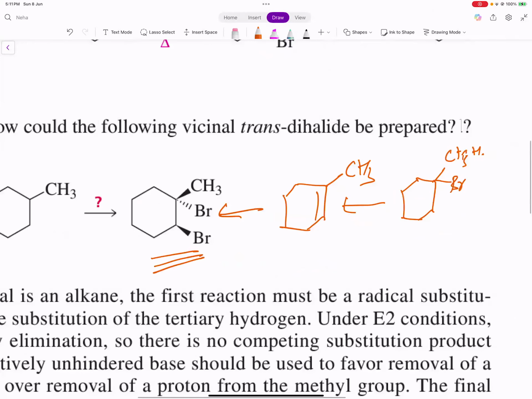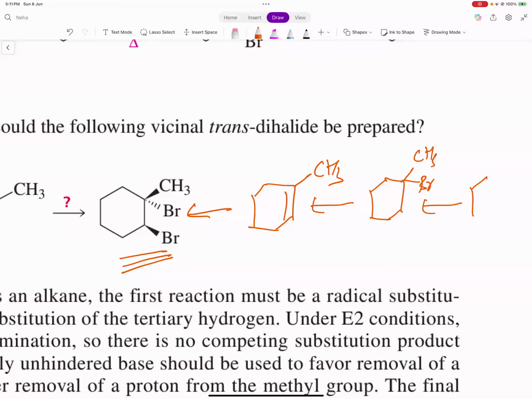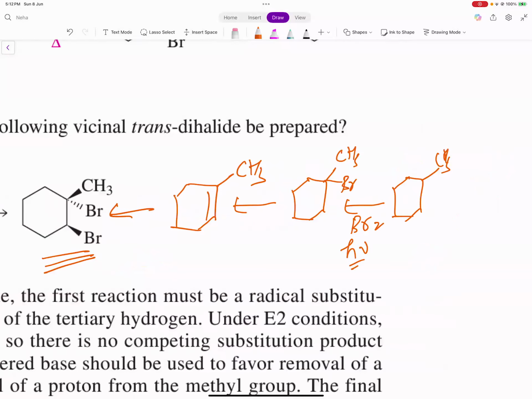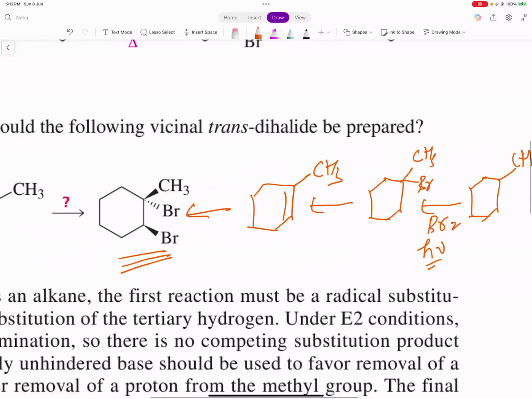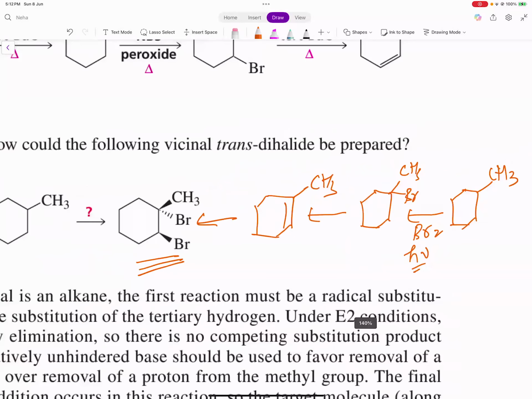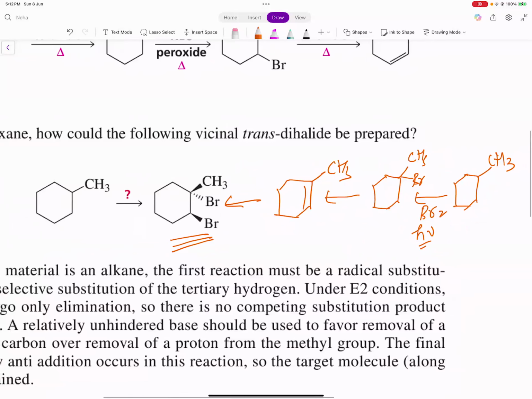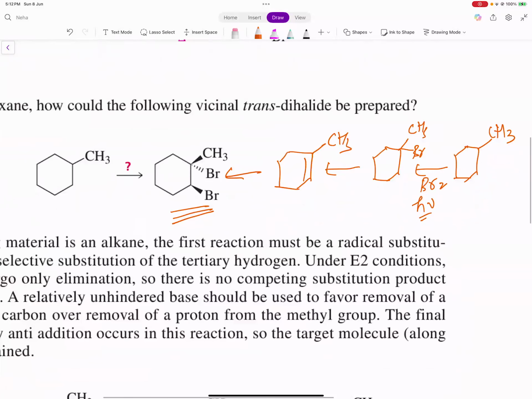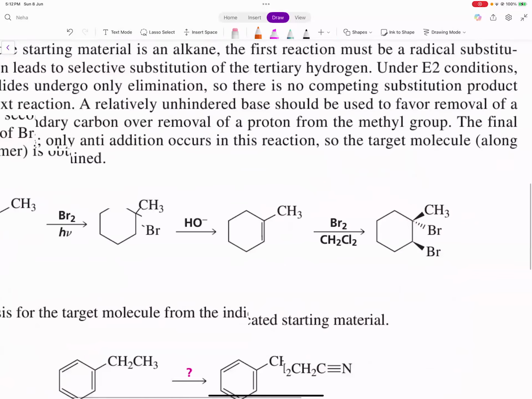And how can I arrive here from here? By adding HBr. Br2, H nu. This is an alkane. Not HBr. So if it was an alkene, then HBr. But it's an alkane, so Br2, H nu. Got it? And this is what they have done.